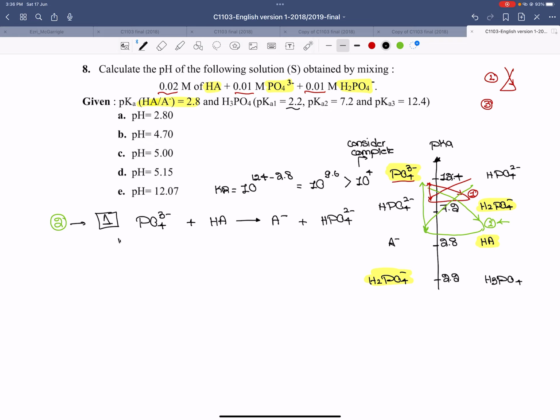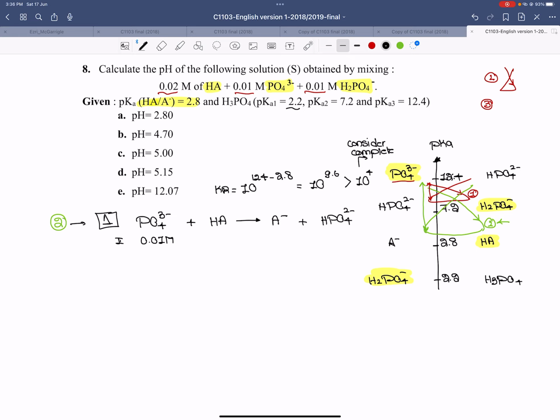Simply, initially I had 0.01 molar of this quantity. The only reason I'm using molarity, which means concentration, and not moles, is because the volume was not changed. So I can consider molarity and mole the same thing.